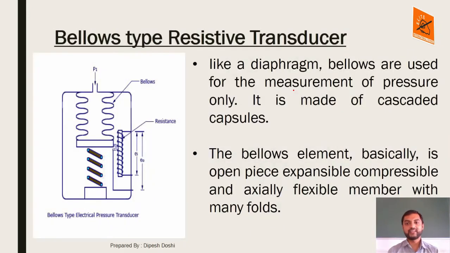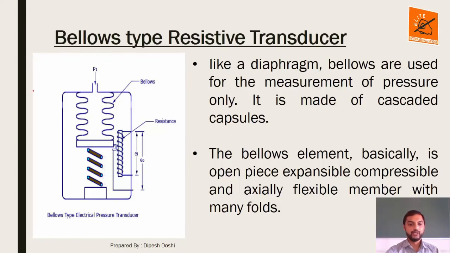The second type of resistive transducer is the bellows type transducer. Bellows type transducers are nothing but diaphragms, but these diaphragms are made in cascaded form. What is cascaded form? One and another in a stack format. Clear?